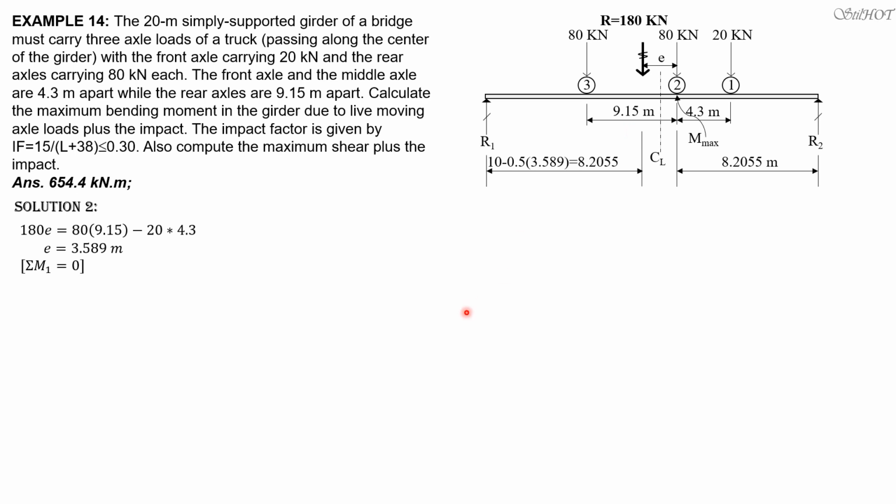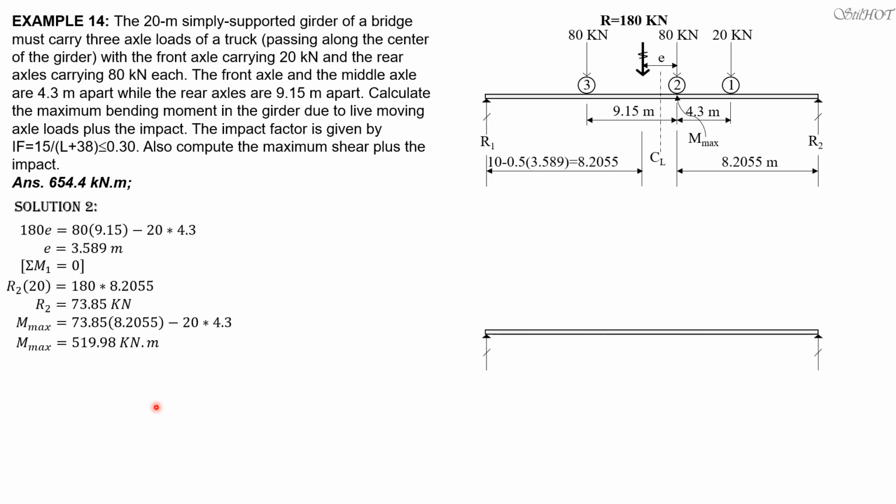That's also the same. But let's just solve for R2. So R2 times 20 equals 180 times 8.2055. Solving for R2 is 73.85 kilonewtons. So maximum moment is R2 times 8.2055 minus 20 times 4.3. So maximum moment due to live loads is 519.98 kilonewton meter.